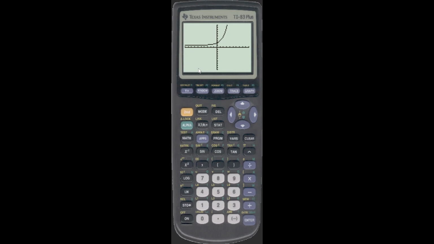All right. Now, we're going to go back to y equals. Do you see that it says negative f of x in there? Now, again, the calculator is very dumb. If you just put a negative in front, and then you go 2 to the power of x plus 1, this is completely wrong.